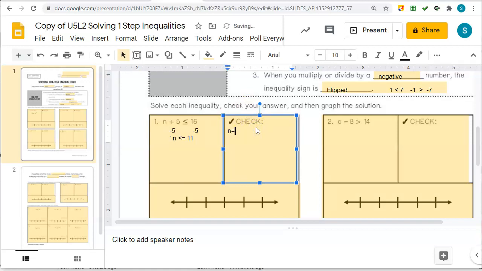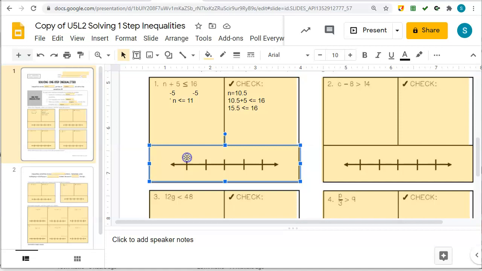Let's let n equal 10.5. And then 10.5 plus 5 is less than or equal to 16, and that is 15.5 is less than or equal to 16, which is a true statement. Good. So it looks like we should have a dot here at 11.